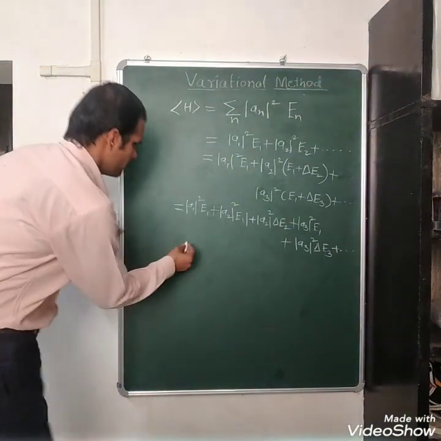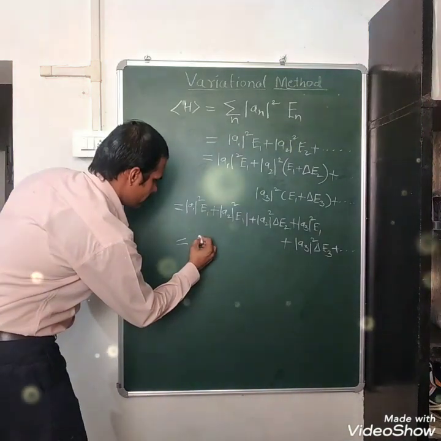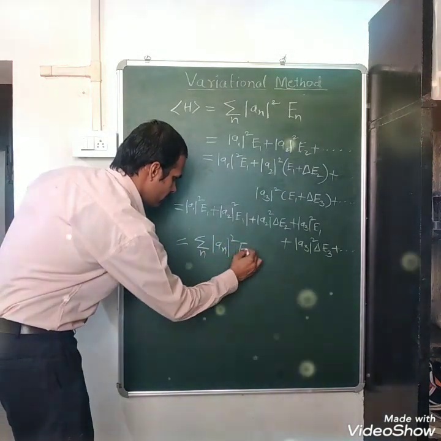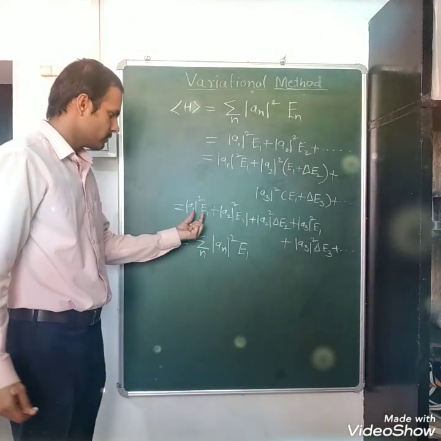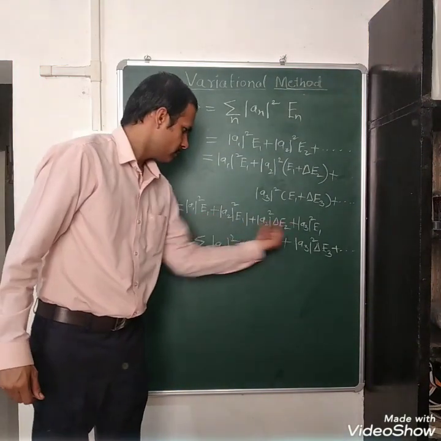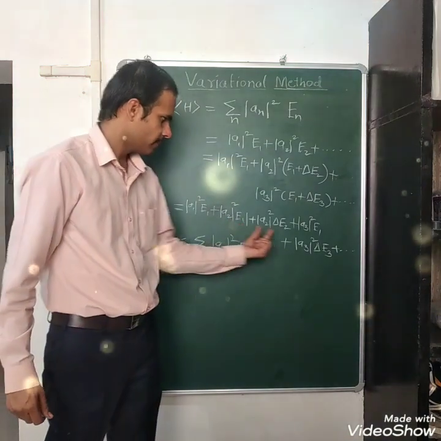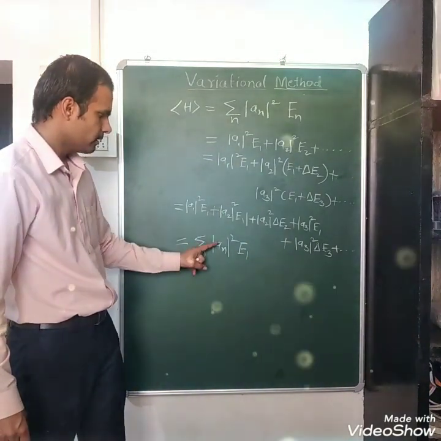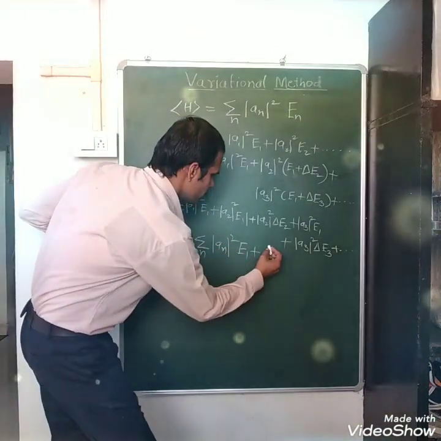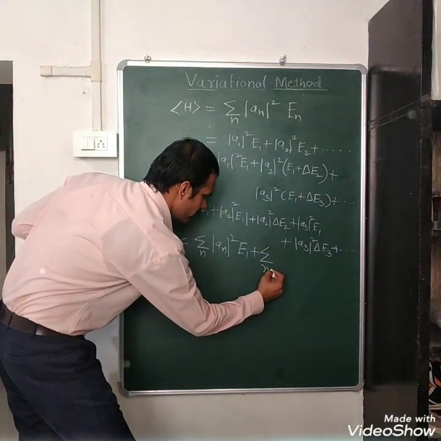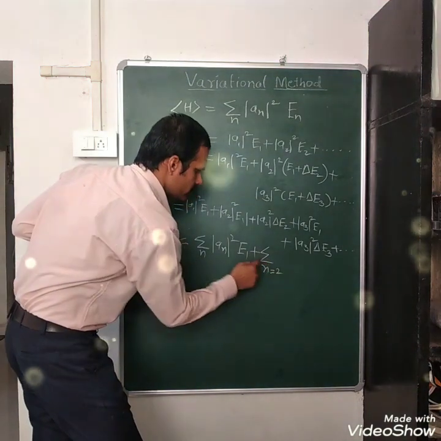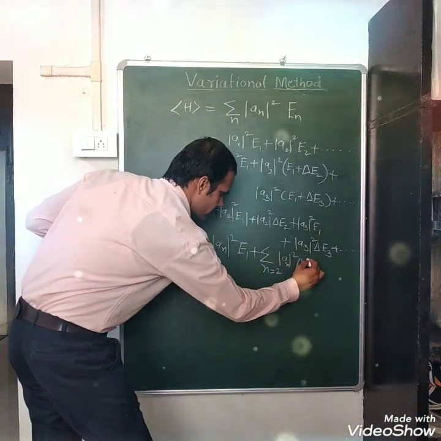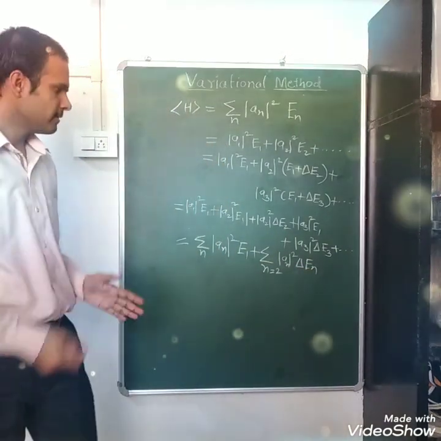Then we get summation over n mod an square E1, because here we collect all the terms A1 square E1, A2 square E1, A3 square E1, and the remaining terms can be written as summation over n equal to 2 mod an square delta En. In this way we can write.